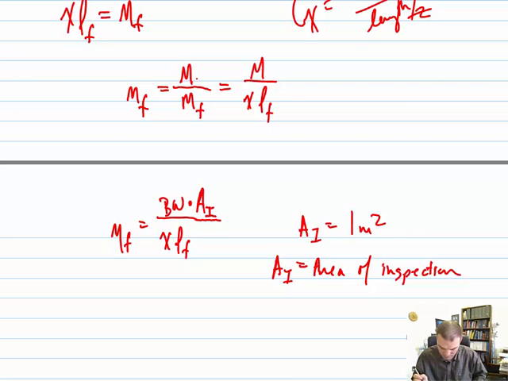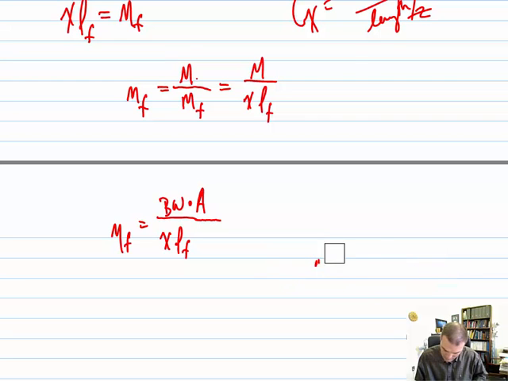I'm going to revise this particular formula just slightly. For right now, I'm going to get rid of the area of inspection and just call it an area. Let me remove this, and so now we're going to have just simply an area.